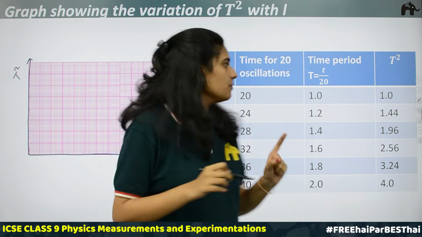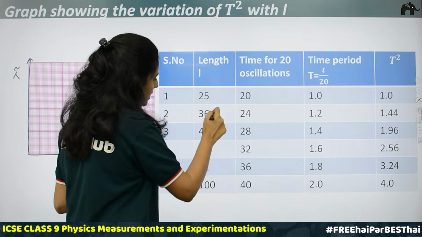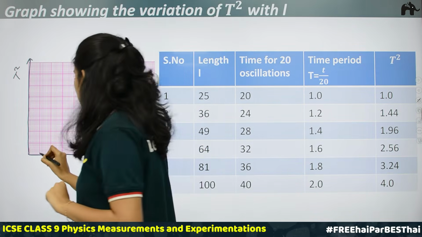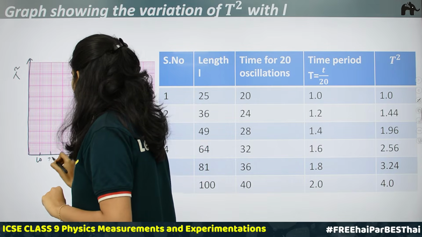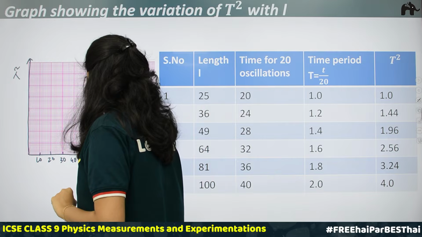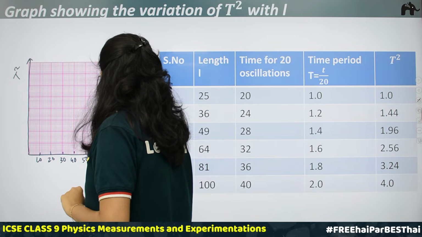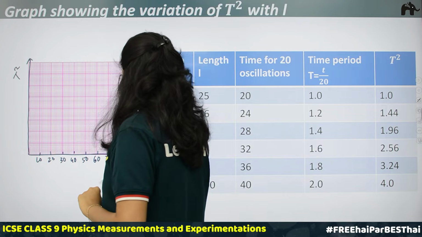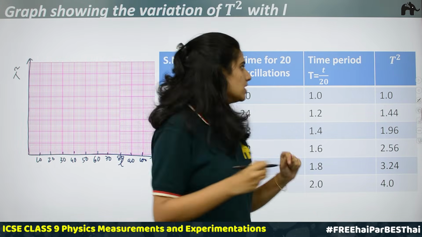Okay, so here we have L values 25, 36, 49, 64, 81, 100. Put the values 10, 20, 30, 40, 50, 60, 70, 80, 90, 100. Okay. Now, T square values. Here we know the time period.